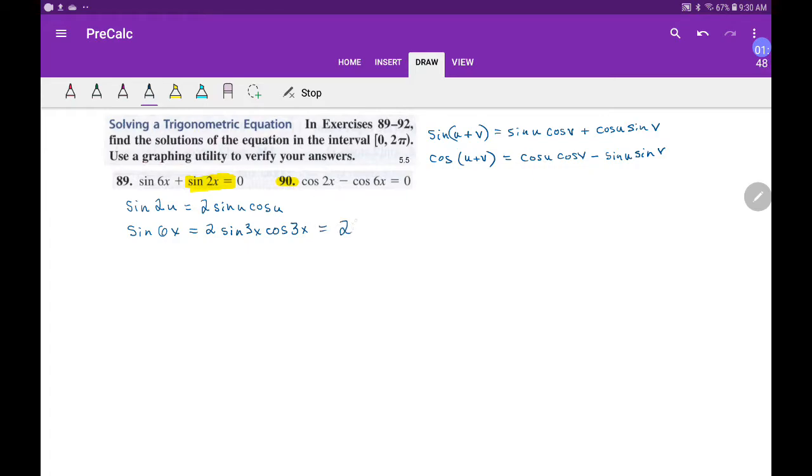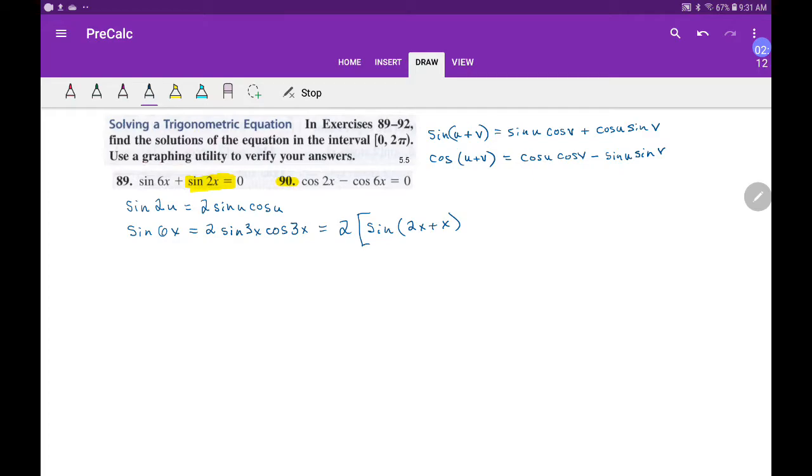We're going to say 2 times this whole thing, and the sine of 3x is going to be, well, let me write it out like this: sine of 2x plus x, because I can't have that. I could cut it in half, but then I'd have 3.5, and that's no good. So I know there's a formula that does that for me.